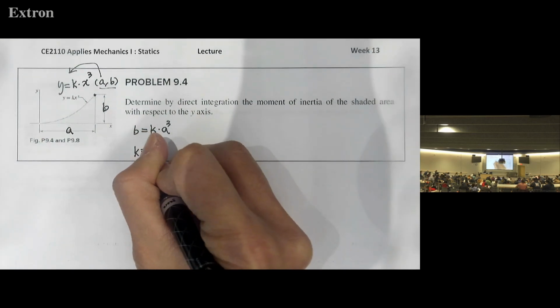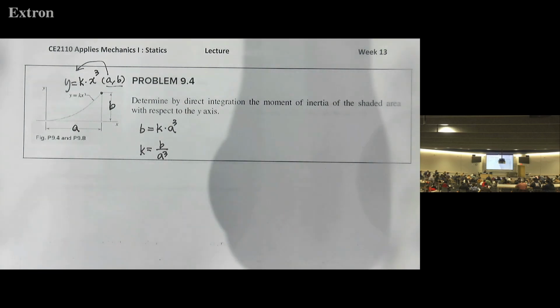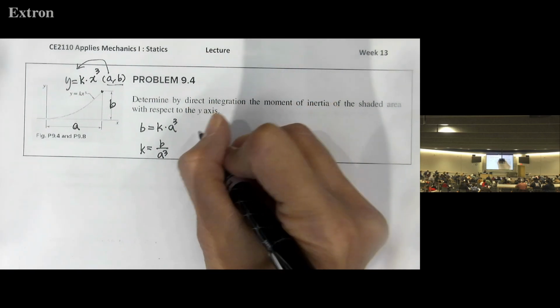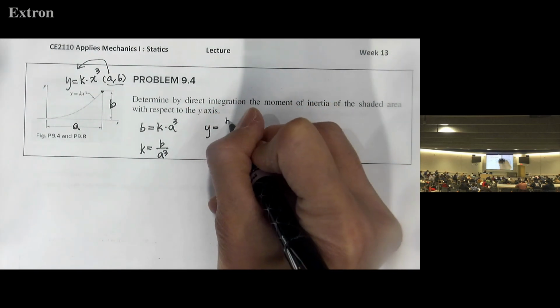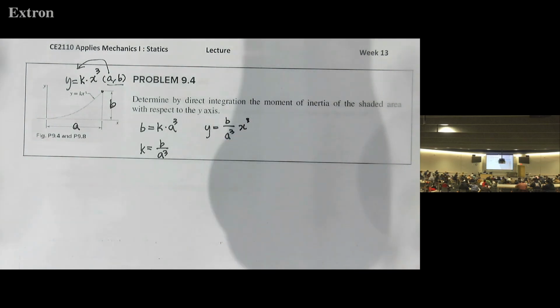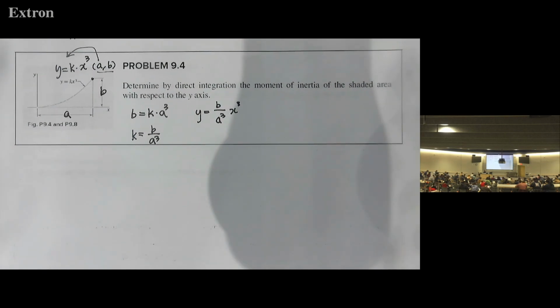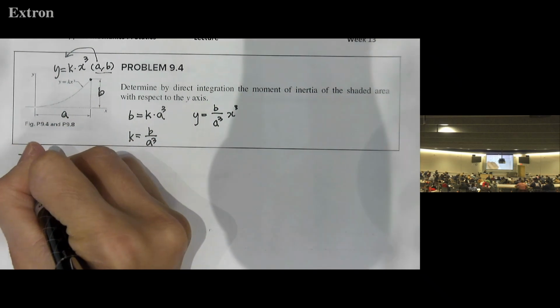Then we figured k is b over a cubed. Then the equation becomes y equals b over a cubed, x cubed, right? So this is kind of pre-processing before solving any direct integration problem, if you see k. Okay, any questions? Okay, now start with IY.